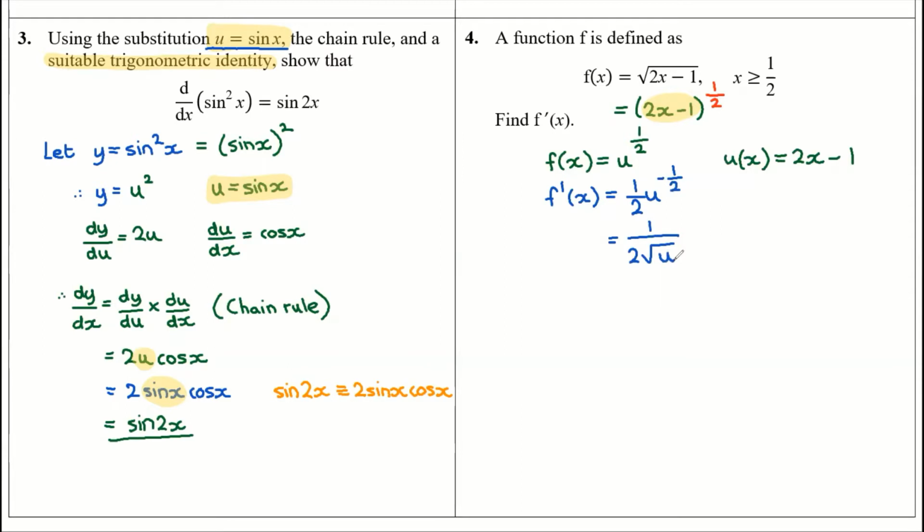And in the second function, u of x, so we'll call this u dash x, the derivative of that is just going to be 2. So we need to find f dash x, don't we? And I've just realized I've made a mistake here. This is wrong, I apologize. So this is a function of u, isn't it?